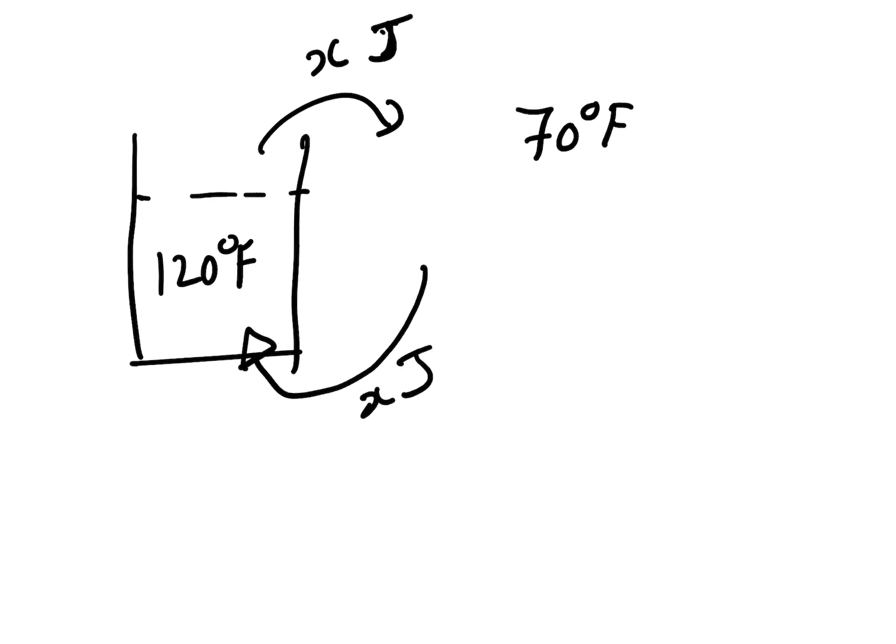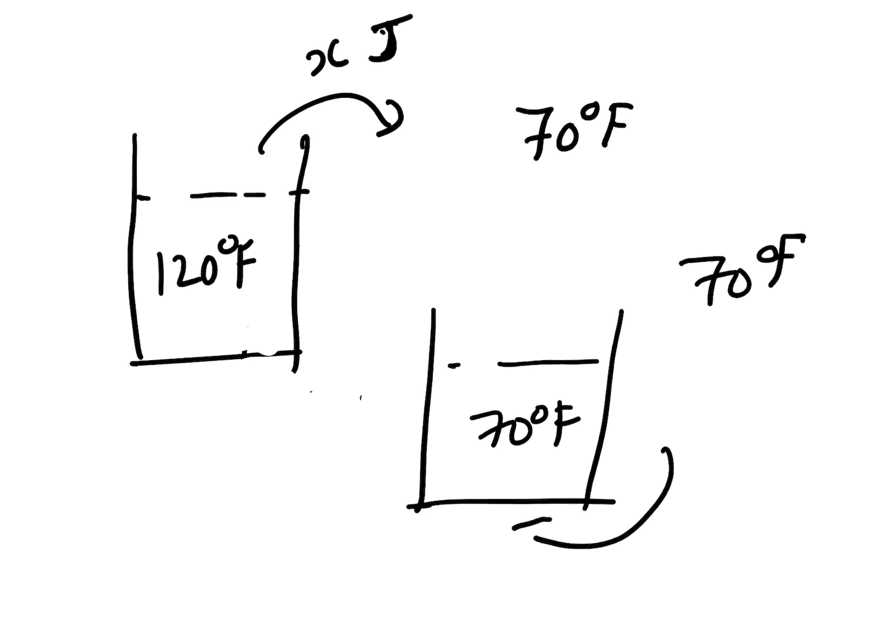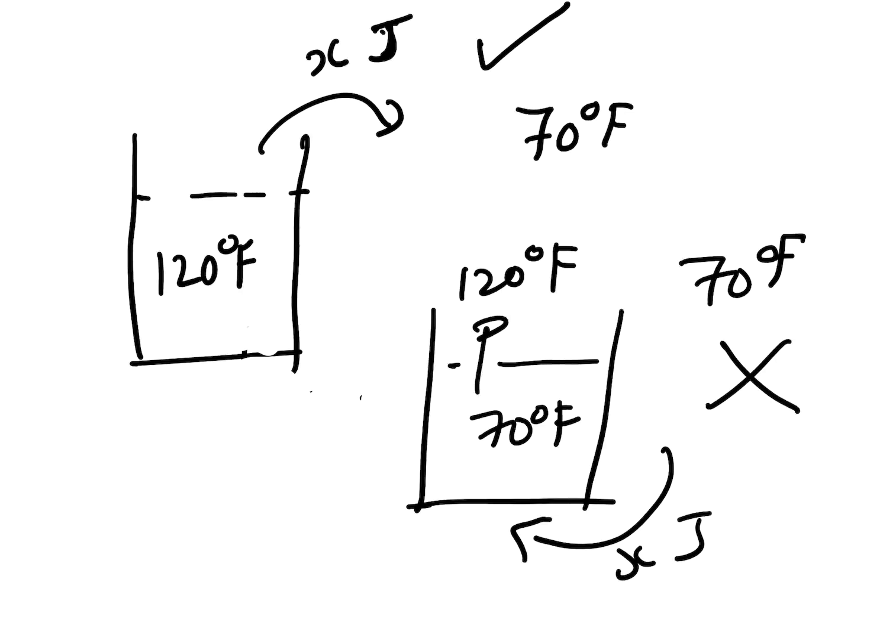The X joules is still the same, and we would expect that a coffee that is at the same temperature as the room, 70 degrees Fahrenheit, spontaneously takes up X joules of energy and goes up to 120 degrees Fahrenheit. This we know takes place in reality.